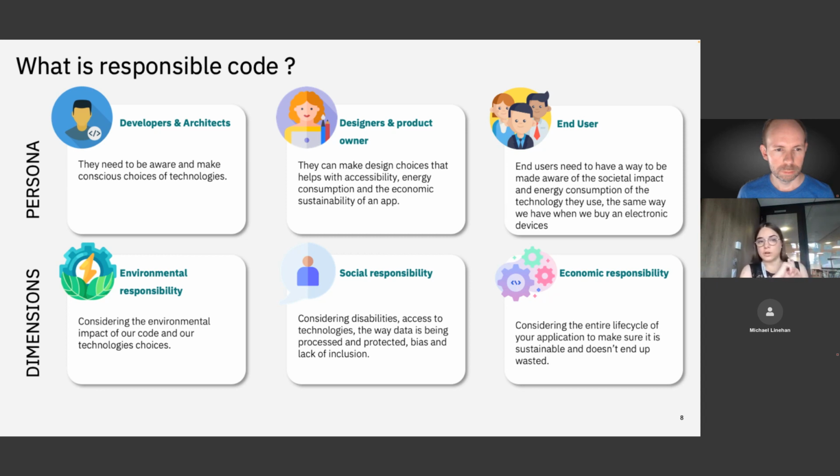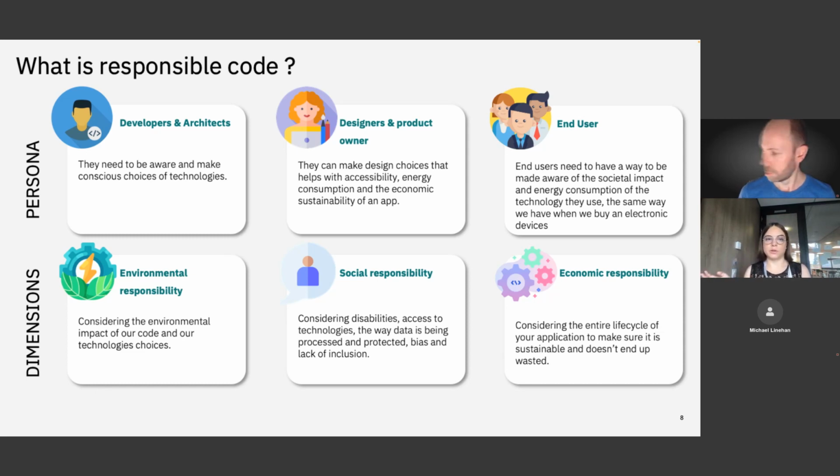There's the social responsibility. So being aware of the way you use the user data, what model you use, where your data comes from, making sure your app is accessible, but you take into account the digital divide between generations out there.